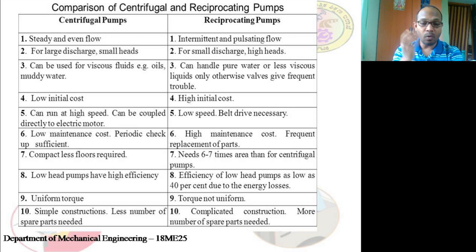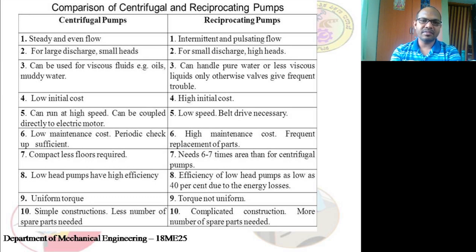If you take coconut oil, it has a lower viscosity compared to crude oil. So these reciprocating pumps are designed to operate with liquids of lower viscosity, which can be handled in a better way.